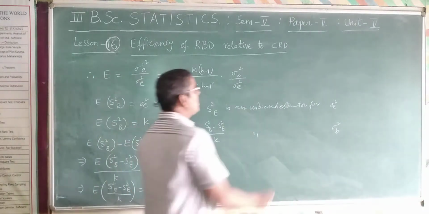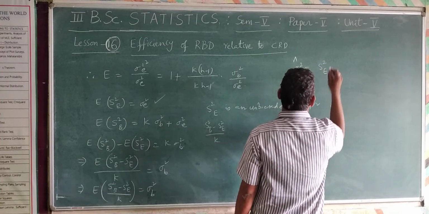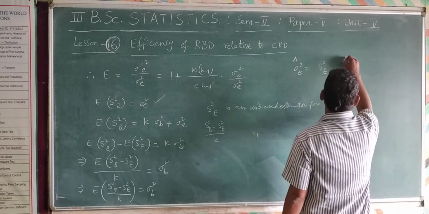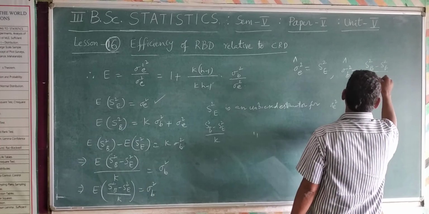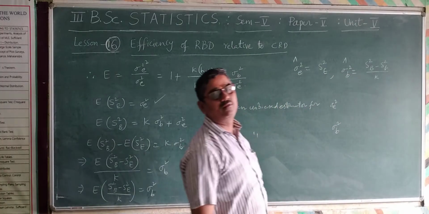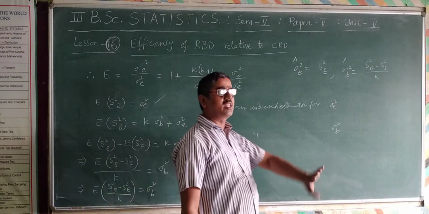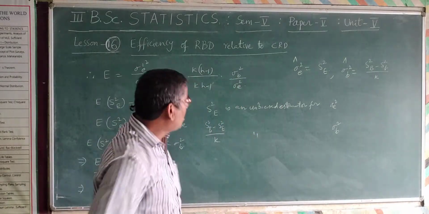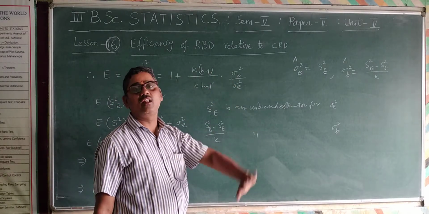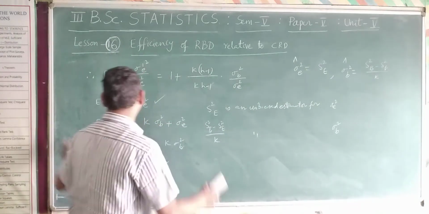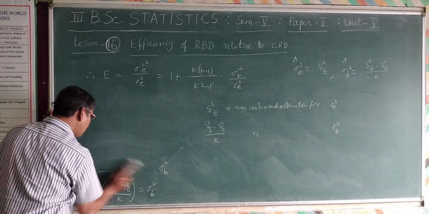So we can estimate sigma square E by S square E and sigma square B by S square B minus S square E divided by K. Since they are unbiased estimators for sigma square E and sigma square B respectively, now we replace those values in the formula, then you will get the value of the efficiency. Right? Hope you understand.